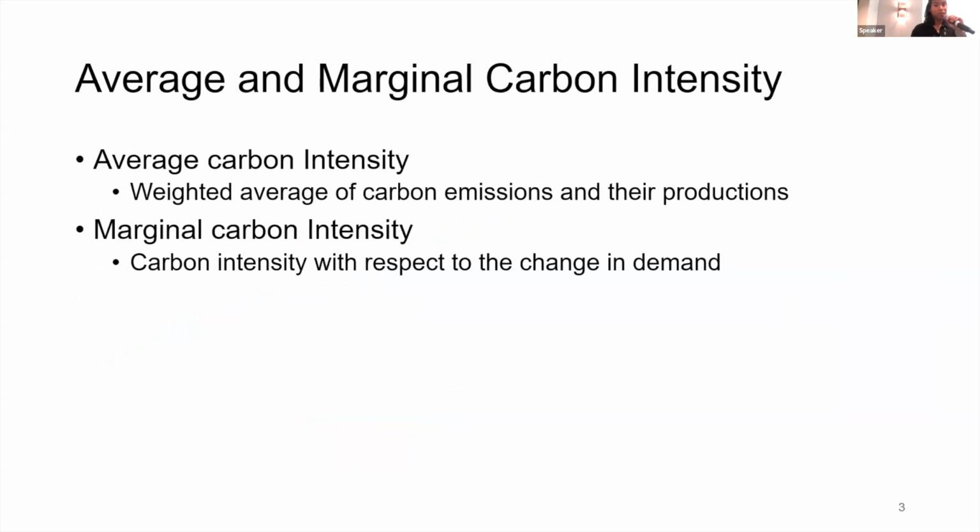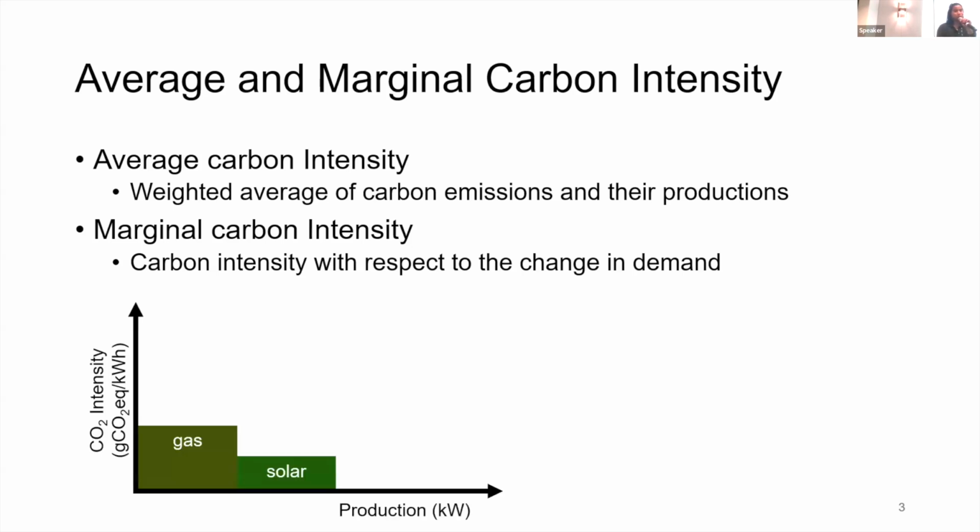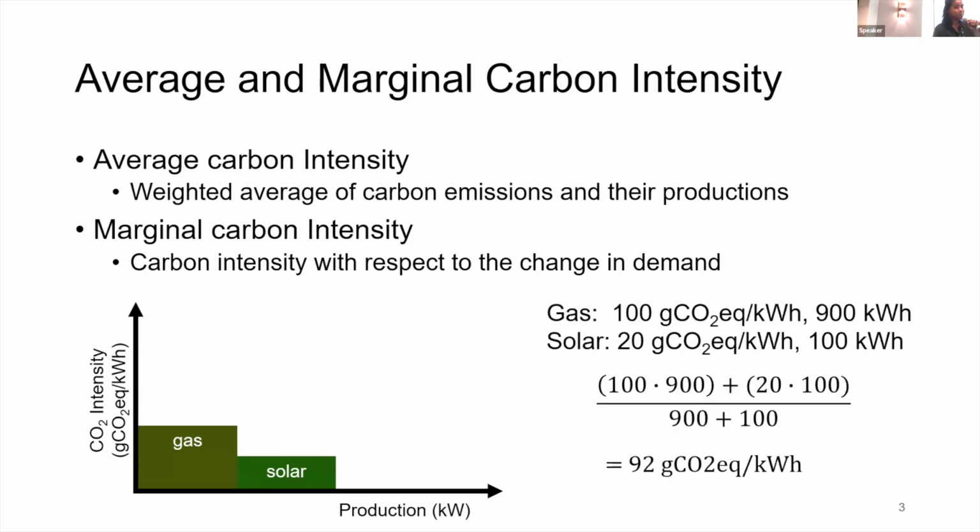When the generator serves the electricity demand, there are two ways to calculate carbon intensity. The first one is the average carbon intensity, where you take the weighted average of carbon emissions of the energy sources with respect to their production. Let's look at an example here. The electricity demand is served by gas and solar, and the average carbon intensity is the weighted average of the two sources.